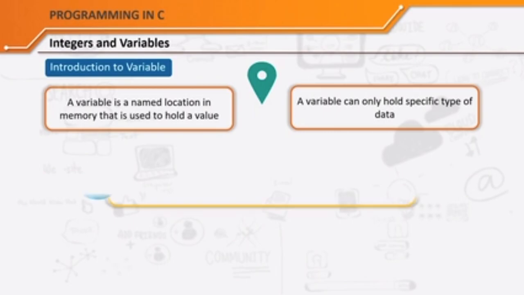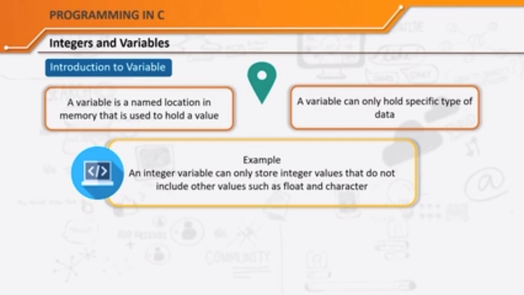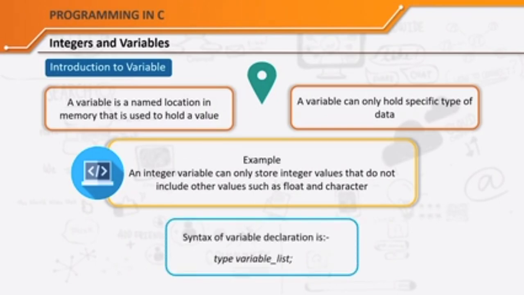For example, an integer variable cannot hold float values. An integer variable can store only integer values. Now, the general syntax of variable declaration is type, that is the type of variable, followed by the variable list, where we can have more than one variable in a single statement.